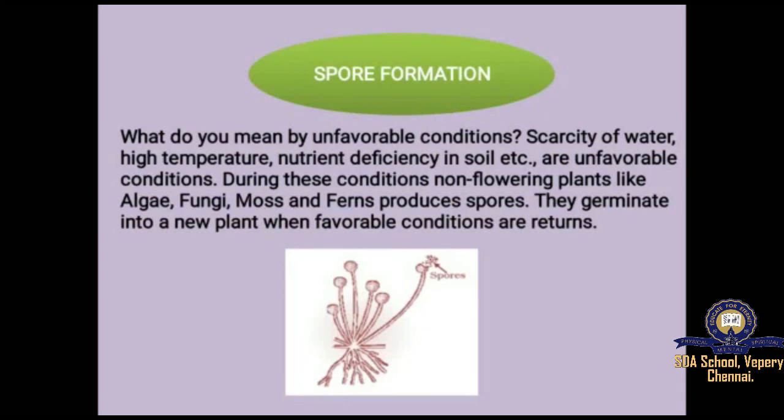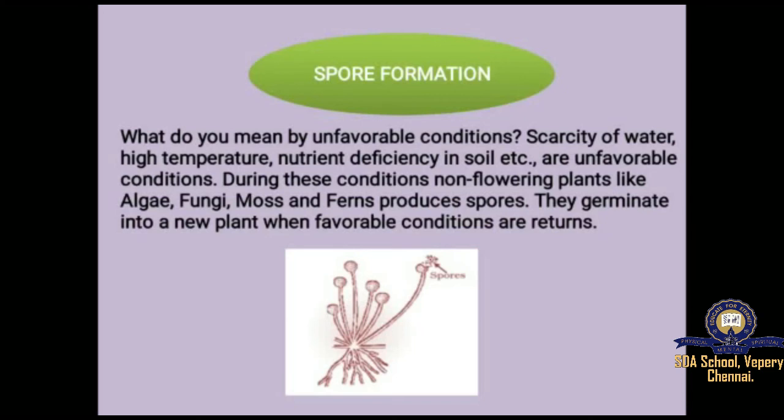Next is spore formation. What do you mean by unfavorable condition? Scarcity of water, high temperature, nutrient deficiency in soil, etc. are unfavorable conditions. So during these conditions, non-flowering plants like algae, fungi, moss and ferns produce spores.